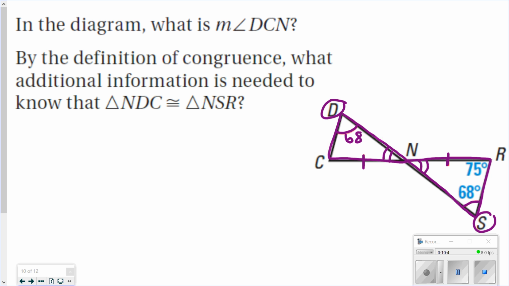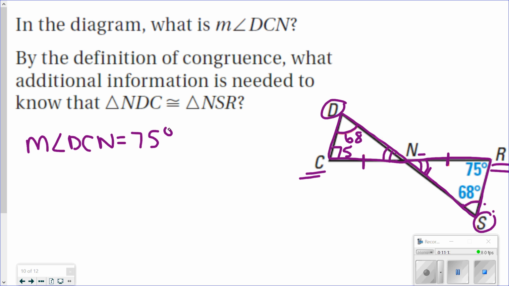So lastly, if angle D and angle N are congruent to angle N and angle S, that means C and R have to also be the same measure. So if R is 75, C has to be 75 as well. So the measure of angle DCN is going to equal 75 degrees.